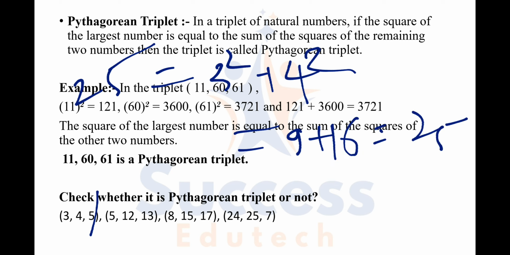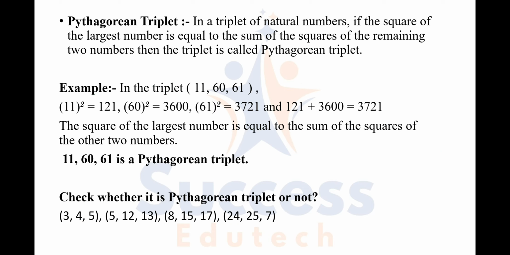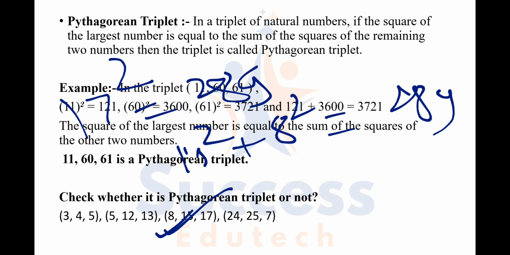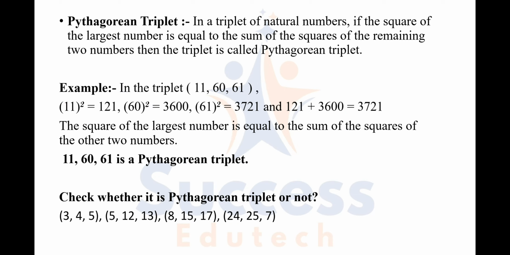That means 5 square is 25, so these numbers are a Pythagorean triplet. For the next, 8, 15, 17: 17 is the largest number. 17 square is 289. 15 square plus 8 square gives 289. So these numbers are also a Pythagorean triplet.